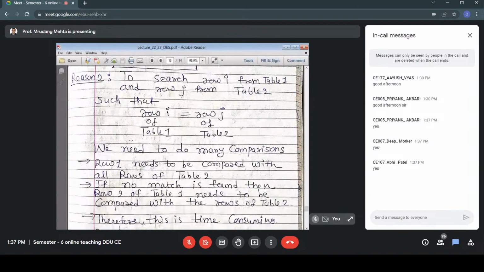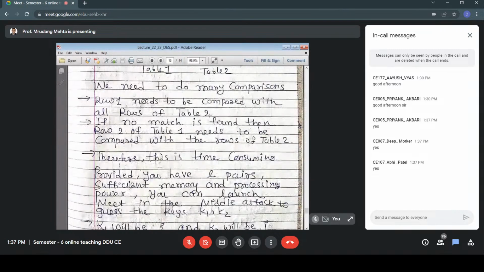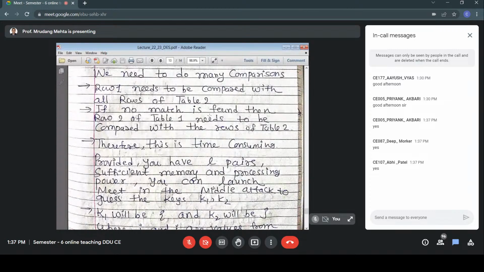The second reason that it is time consuming is that to search row i from table 1 and row j from table 2, such that row i of table 1 equals row j of table 2, the values at the corresponding two rows are the same, we need to do many comparisons, right? Not a sorting operation, but a comparison operation.